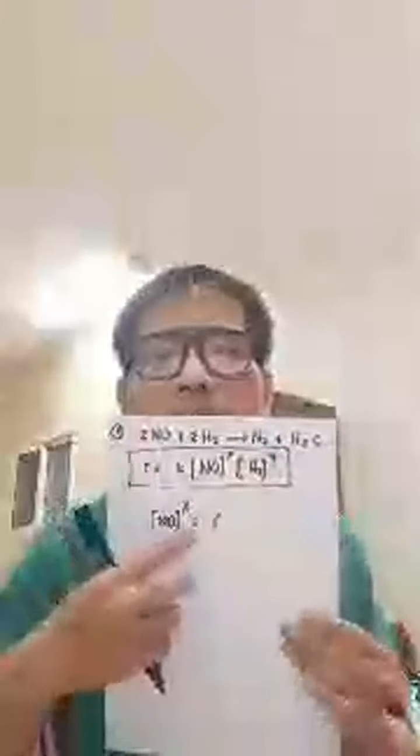NO raised to the power X is equal to the rate. So this is the first thing to be used. You will just segregate this one by one, the H2 also. So you will use the delta for the experiment.